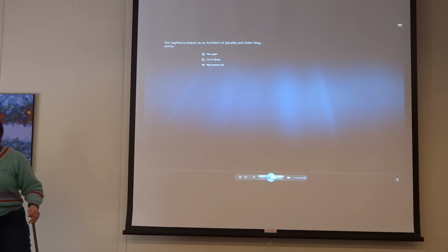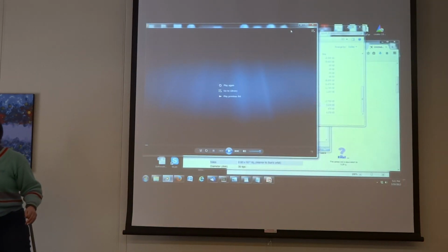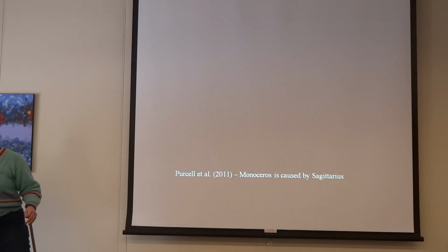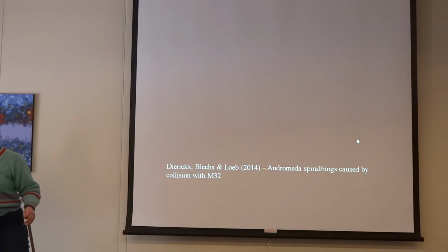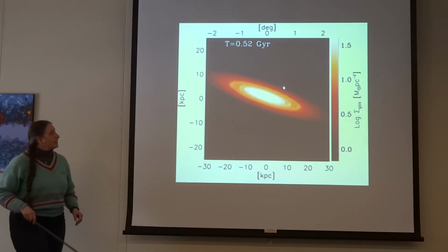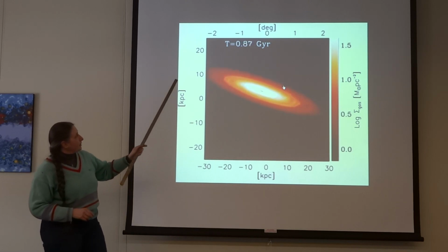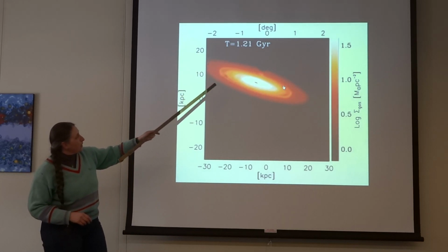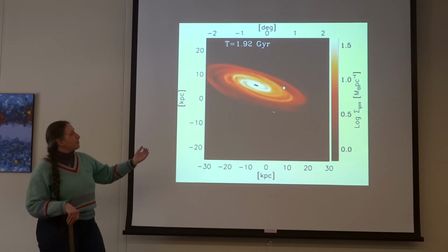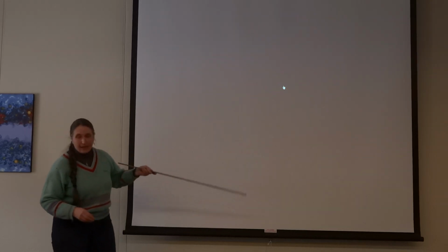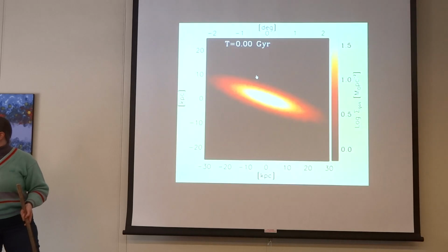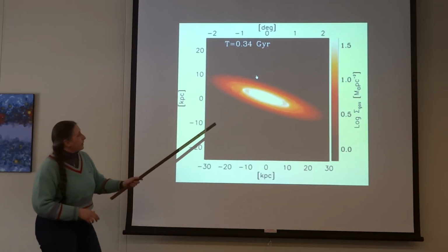I have another movie which does play in the PowerPoint, so I'll put that up. This one is a simulated satellite going through M31, which is our nearest large galactic neighbor, and they found the same thing: you send this little satellite through the disk of M31, and it can cause the spiral structure that we see in that galaxy.